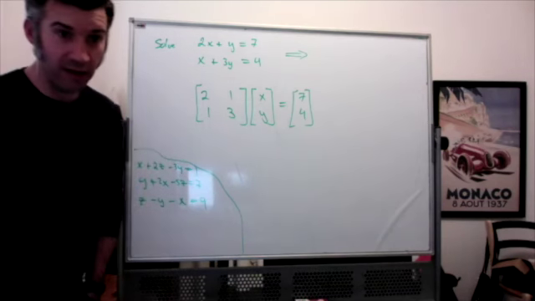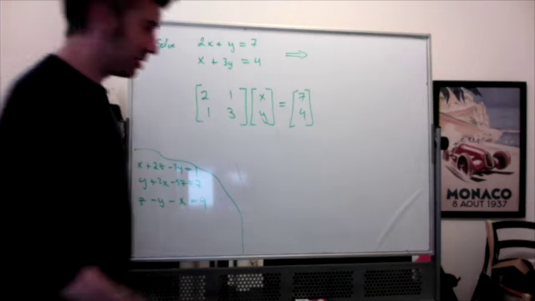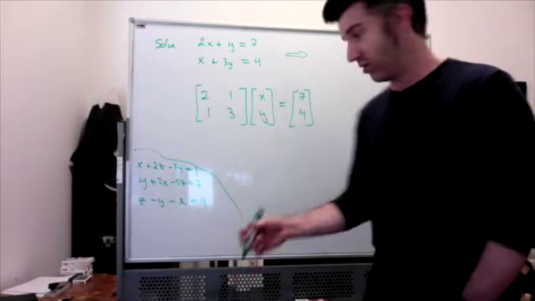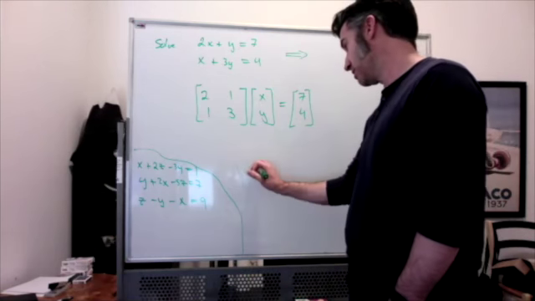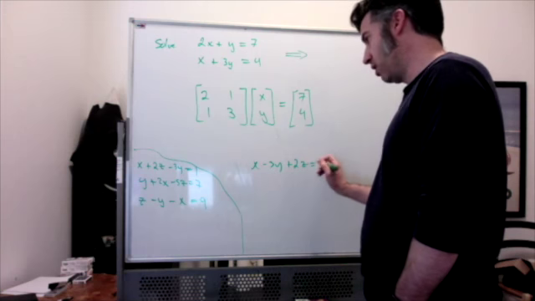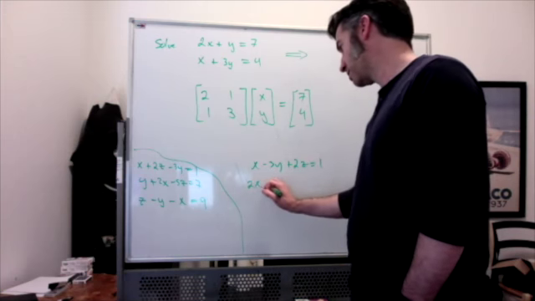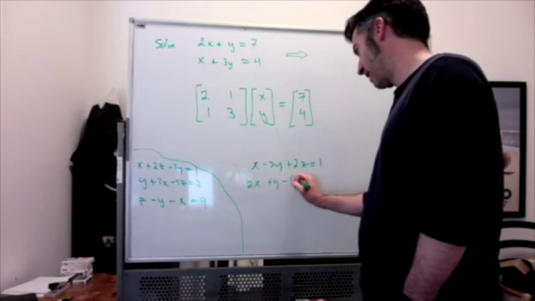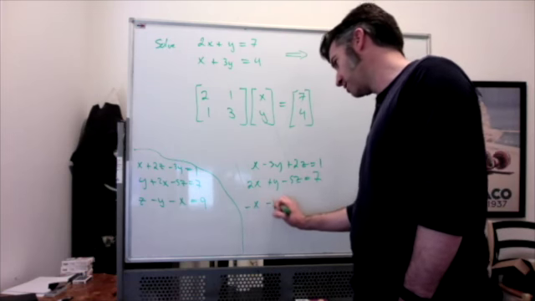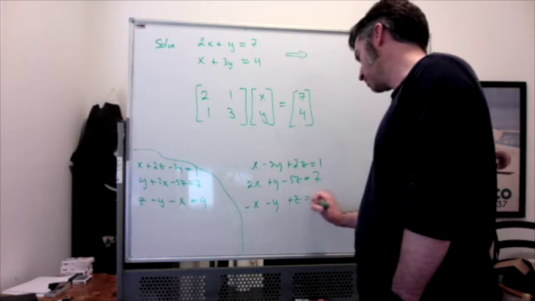Before you could do anything, you would want to rewrite this so that the x's were first, the y's were second, and the z's were third. So you would rewrite this as x minus 3y plus 2z equal to 1, and 2x plus y minus 5z equal to 7, and negative x minus y plus z equal to 9.